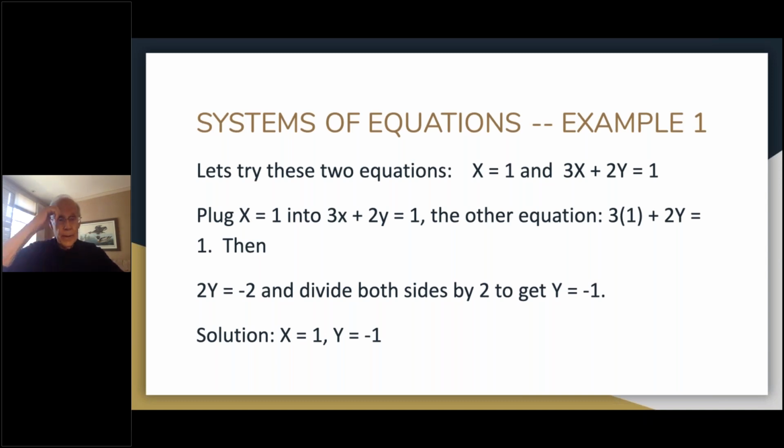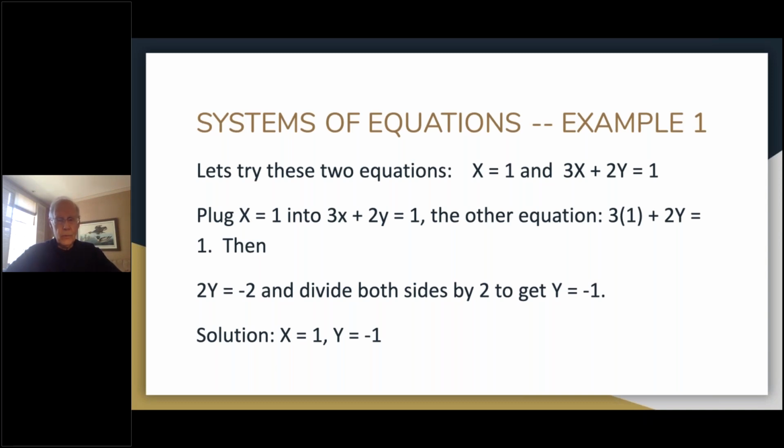So then we've got the answer for that. The answer is 2y equals minus 2. And we got that going back to the 3x plus 2y equals 1. We simply multiplied out. We got 3. We subtracted 3 from both sides.